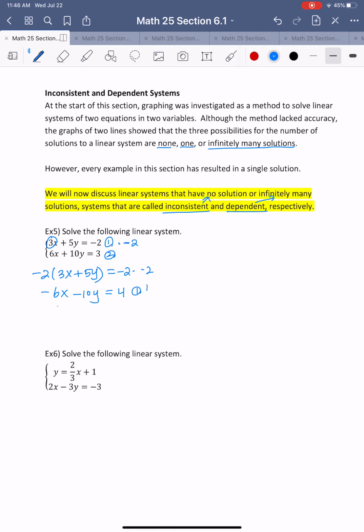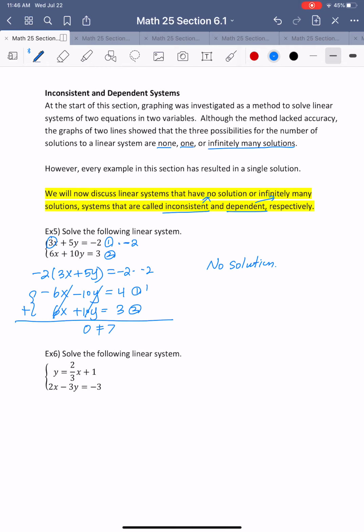And then I put equation 2 under, add it up, and then it cancels: 0 equal to 7. Oh, so there's no x and y left, right? So this is actually not true. So this is a case of no solution because 0 never equals 7.